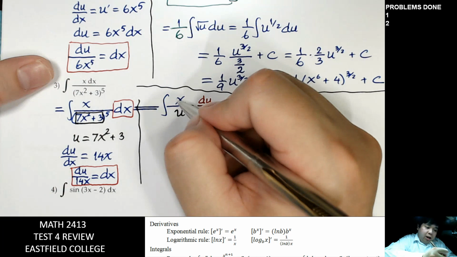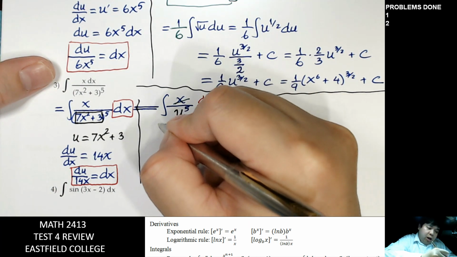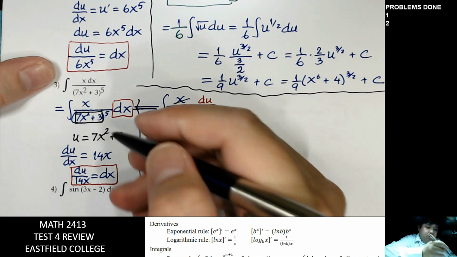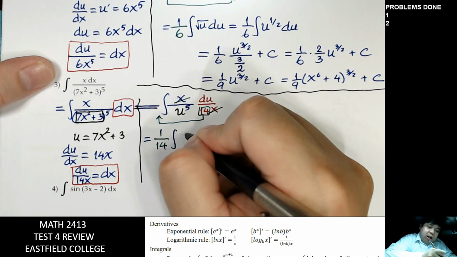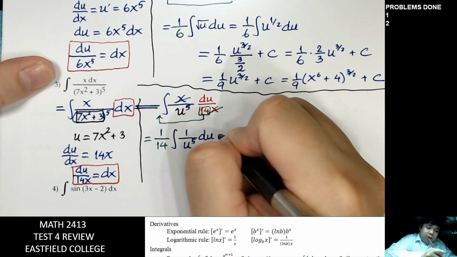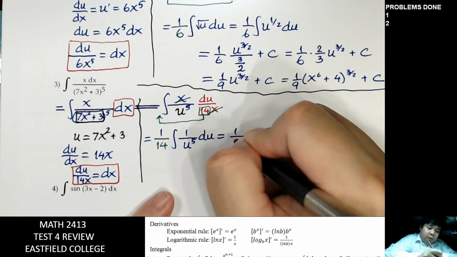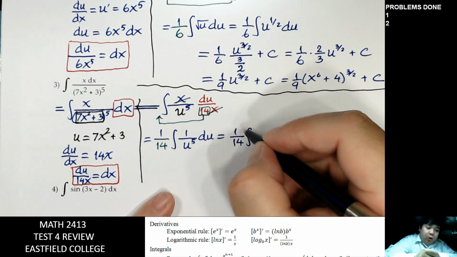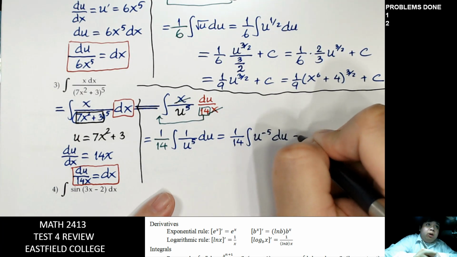Right. x and x cancel out. The 14 will be outside but at the bottom. And we'll just have 1 on the top, u to the 5th du, and that will give us 1 over 14. 1 over u to the 5th is u to the negative 5 du.